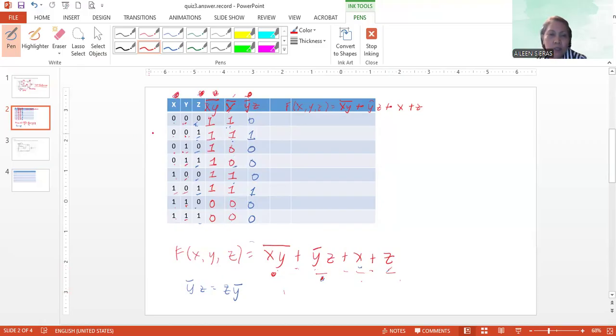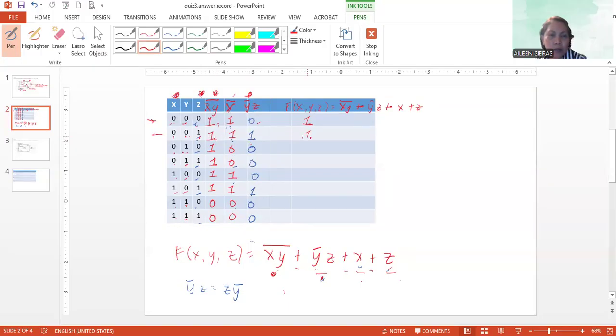So let's start with this row here. We have here x, 0, z, 0, x, y bar is 1, y bar z is equal to 0. So there is a 1 in this part, so the output is 1. Next row, we have here 0 or 1 or 1 or 1.